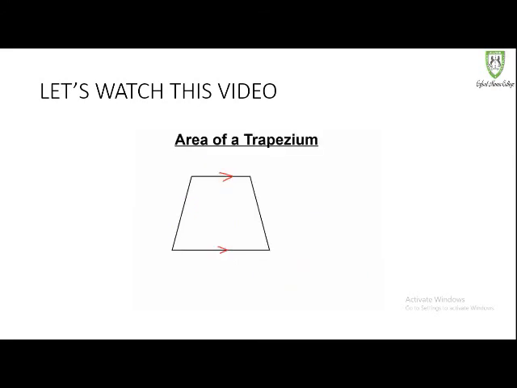Now, we've reached the final stage of this video, and we're looking at the area of a trapezium. A trapezium is a quadrilateral with one pair of parallel sides. Now, in order to work out the area of this particular trapezium, we must do the following. We must add together the length of the two parallel sides. Then we must always ignore the length of any slanting side.